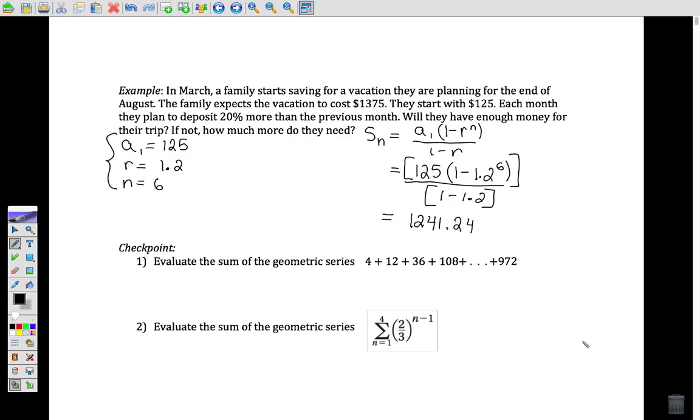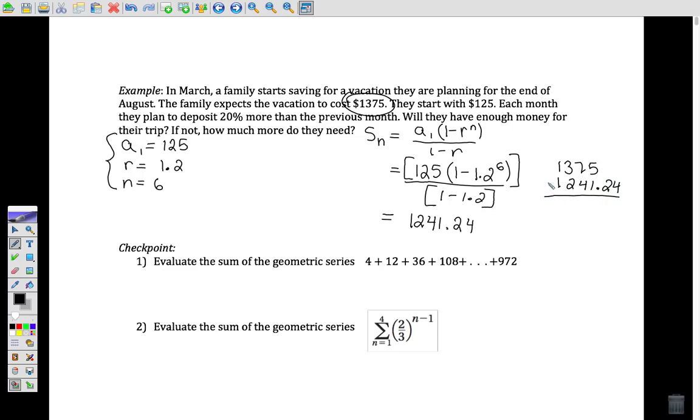So make sure we look at what the question's asking. Do they have enough money? This is finally where this value comes into play. It looks like they're a little short. They needed $1,375. They only saved $1,241 and 24 cents.